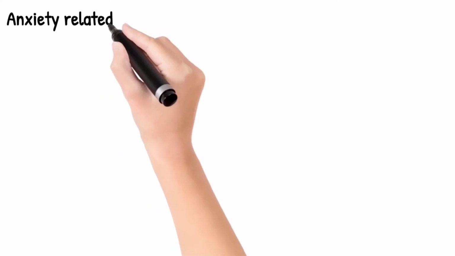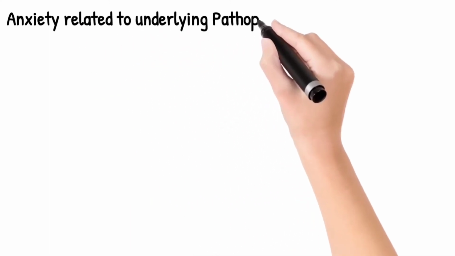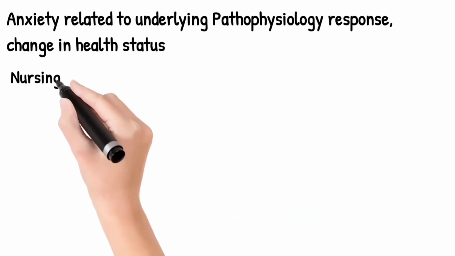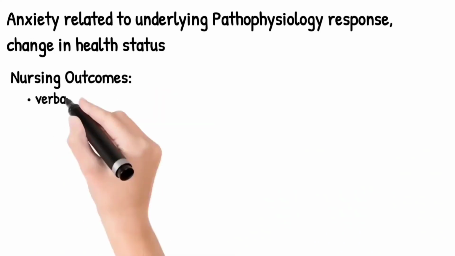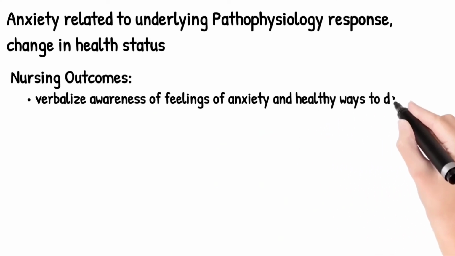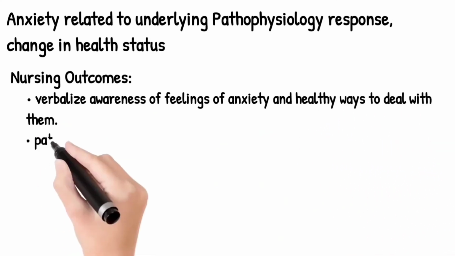For the second nursing diagnosis, which is anxiety related to underlying pathophysiology response, change in health status, the nursing outcomes are: the patient will verbalize awareness of feelings of anxiety and healthy ways to deal with them.